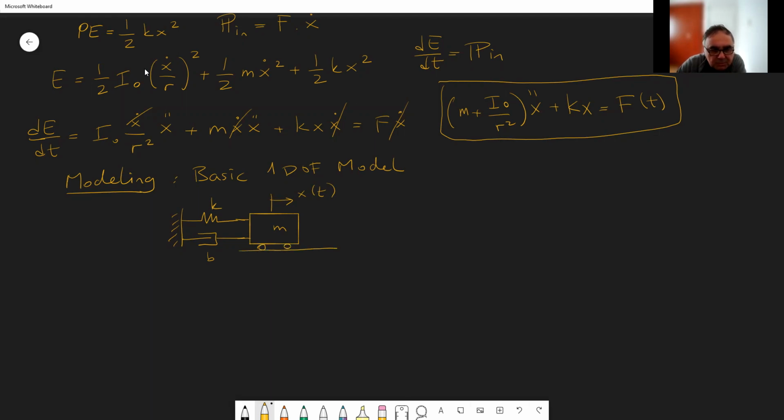This mass is on, like, a cart or something, and there might be an external force. Okay, this is our model. This is the representation of our system.